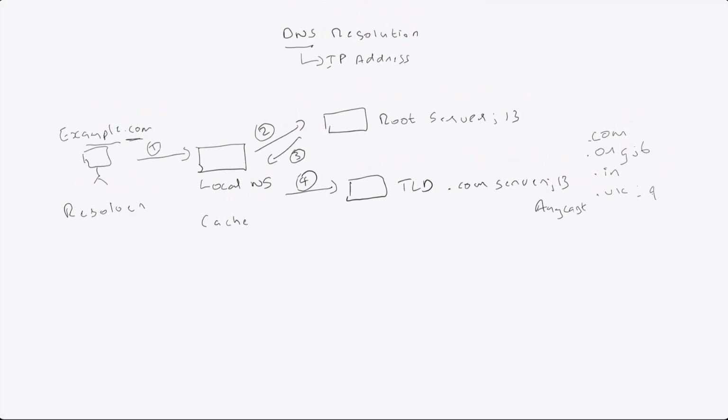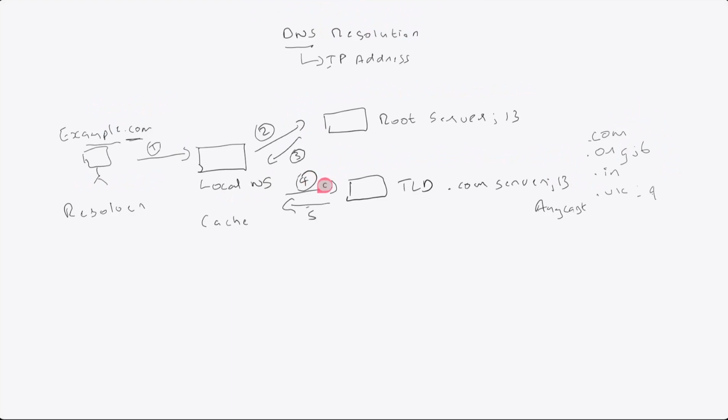Now, much like the root server, the top level domain server like the .com server is very unlikely to have the mapping for example.com, but instead it's going to give the list of name servers, or the list of DNS servers, which are associated with example.com, that the local name server can query to get that mapping.